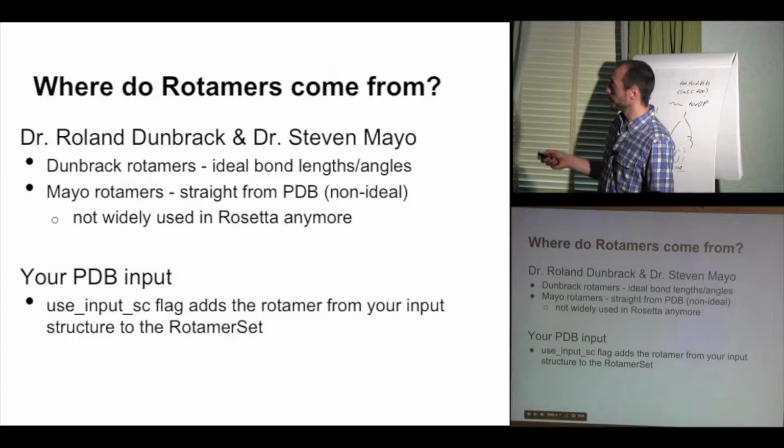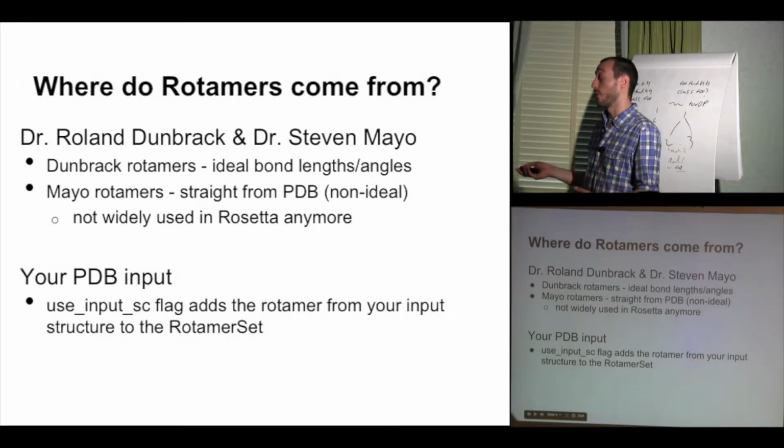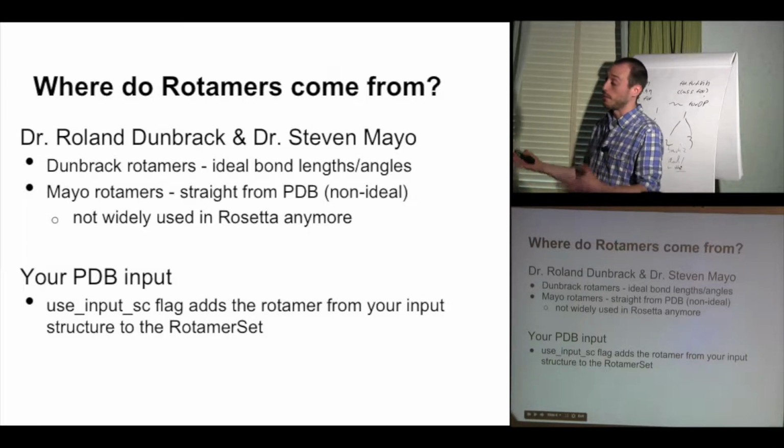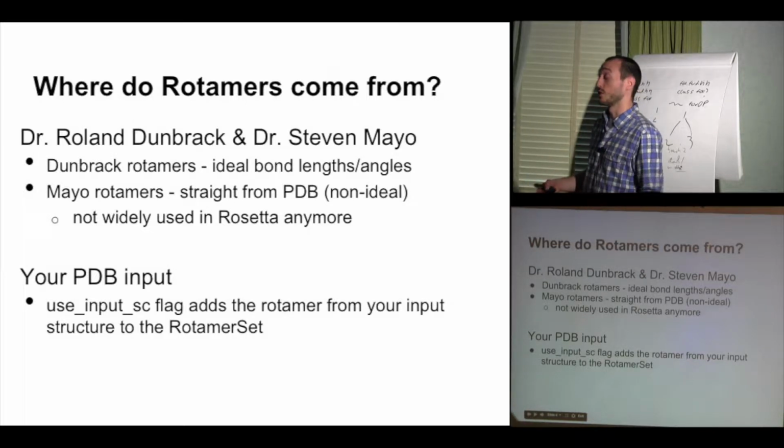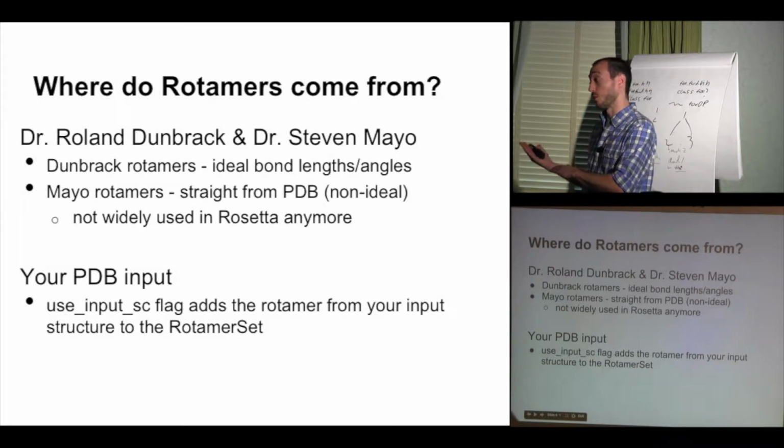Yeah. So the Dunbrack lab, and I don't know the details of how they generated this library, but essentially what they do is they pull out conformations of a given amino acid, and then they bin them in certain ways. And so you have some statistical preference for a certain conformation or another conformation. And that's where our Dunbrack score comes from. Right.